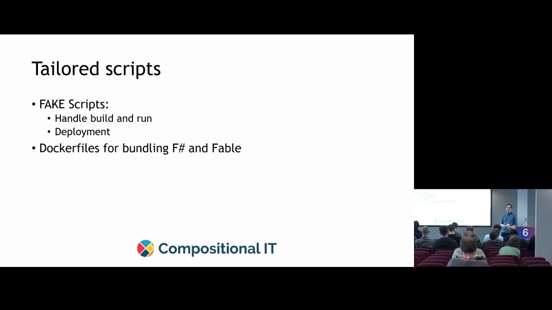So you can do fake build deploy, and it will take your local code and deploy it up to Azure. It also includes things like Dockerfiles as well, which will bundle together all of your F# and Fable together, package it up nicely, put it all in the right folder hierarchy, create all the environment variables that you need, so you can then just do docker run your container, and it all works straight out of the box.